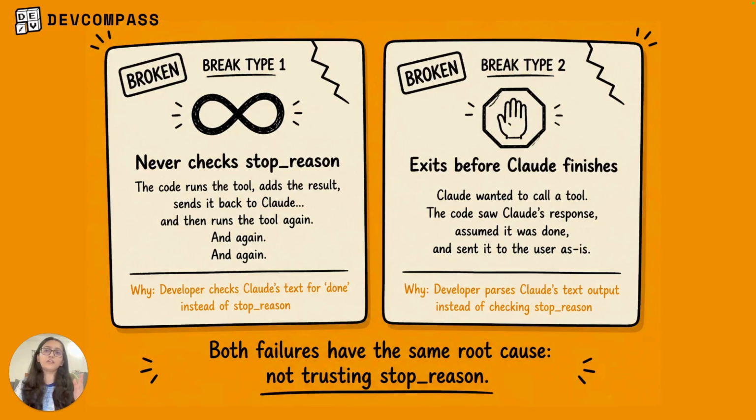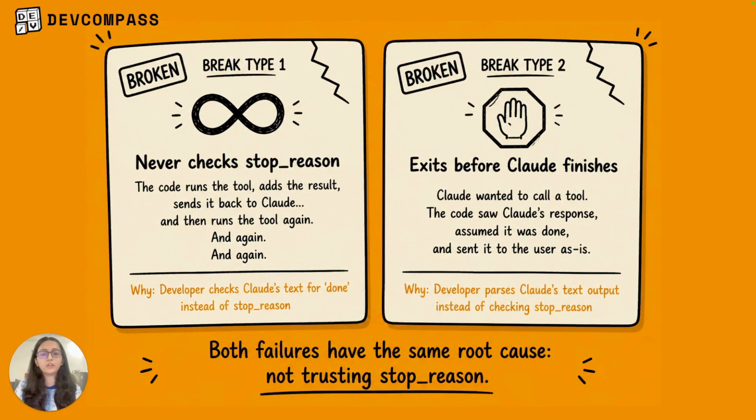The right card talks about exit before Claude finishes. So Claude wanted to call a tool. The code saw Claude's response, assumed that it was done, and sent it to the user as it is. So the loop is stopping way too early. Claude is wanting to call a tool to give you the exact information that you have asked for. It set stop reason to tool use.